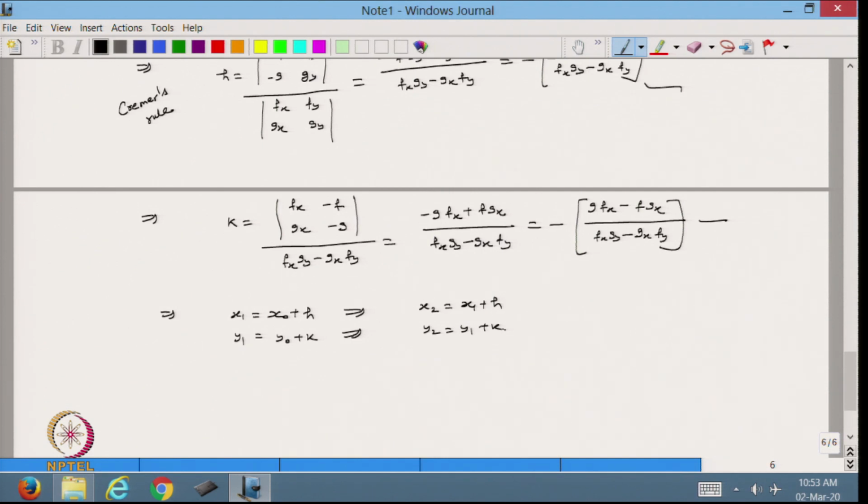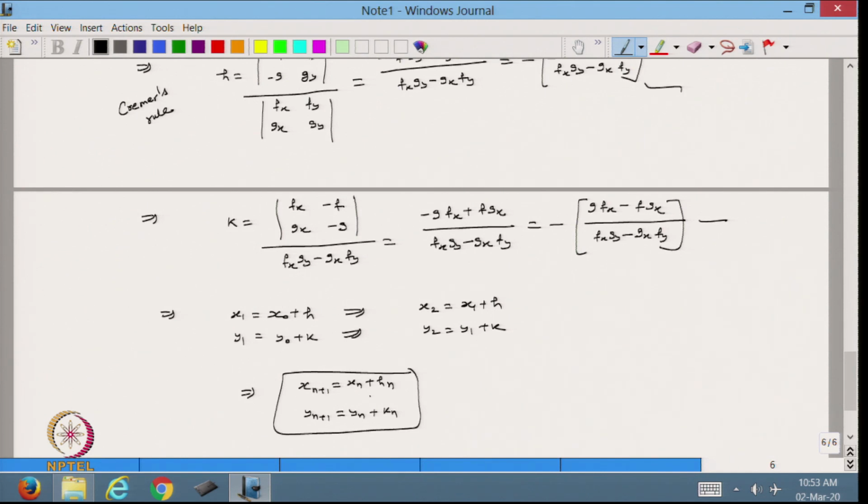So, this way we can have an iterative method for finding the root using h and k. So, from here I can write that my xn plus 1 will become xn plus hn, and yn plus 1 is equal to yn plus kn.